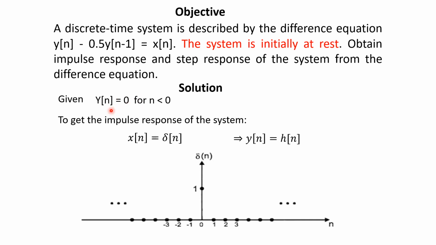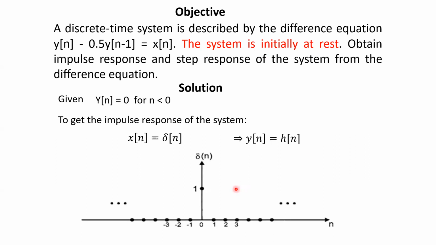If we are applying the delta function as the input to this particular difference equation, this response y[n] is also referred to as h[n], because we are applying the input as the delta function. Therefore, this response is regarded as the impulse response of the system, denoted by h[n].